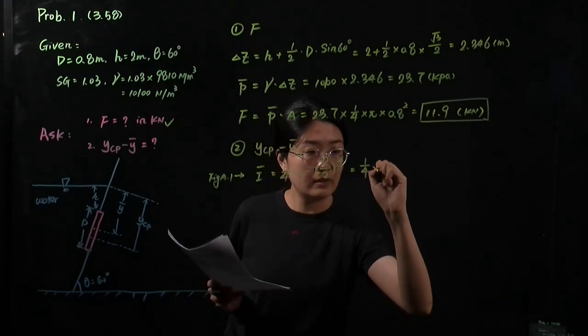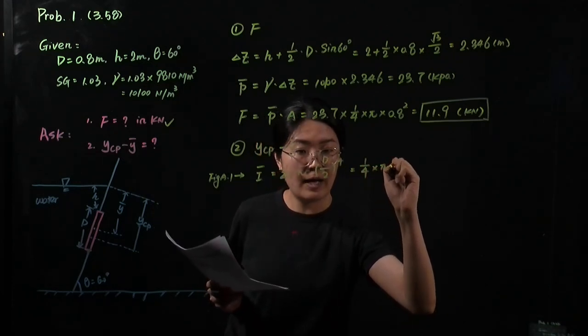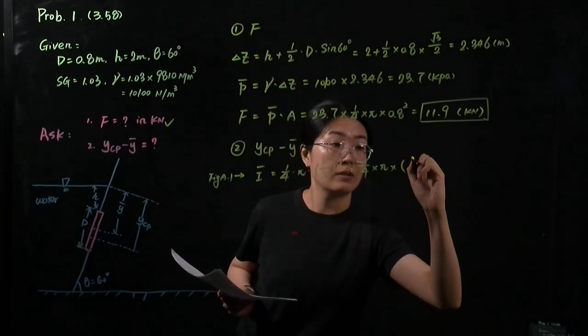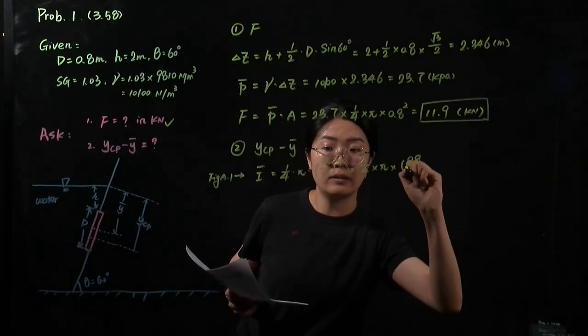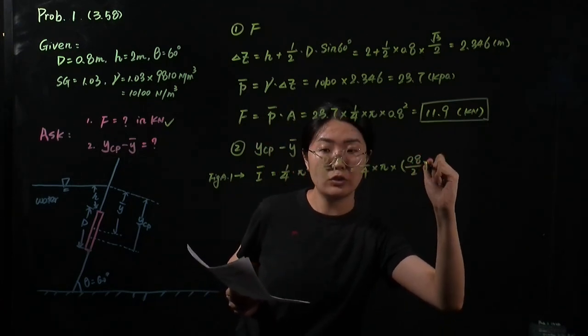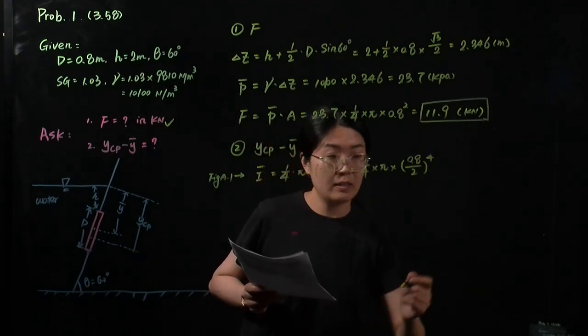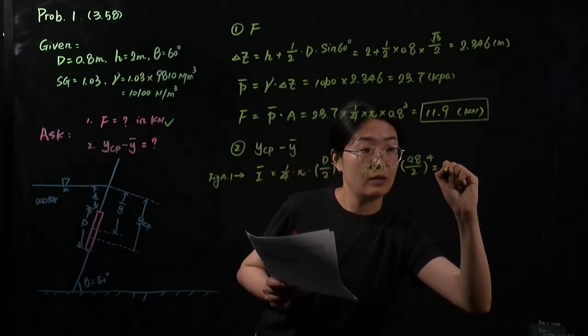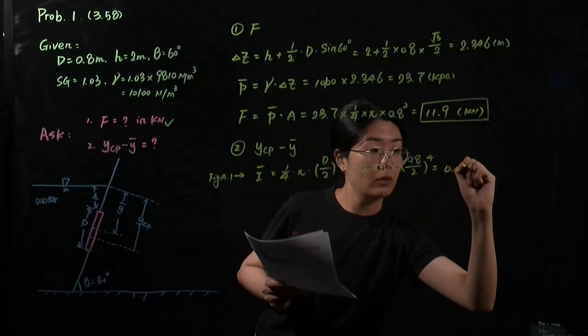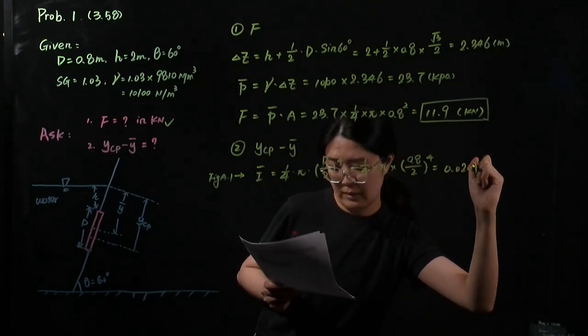So it equals 1/4 times pi times 0.8/2 to the power of 4. It equals 0.0201.